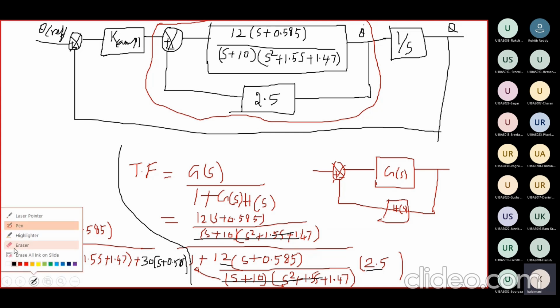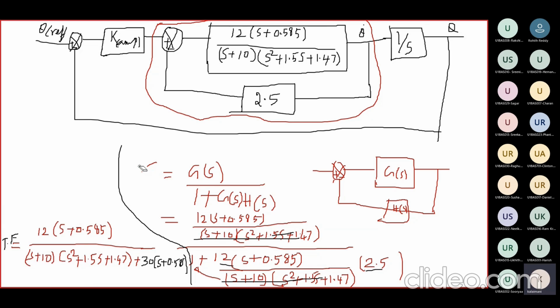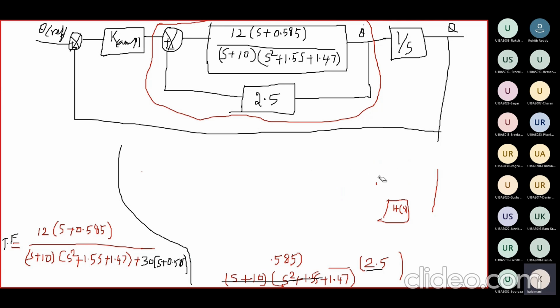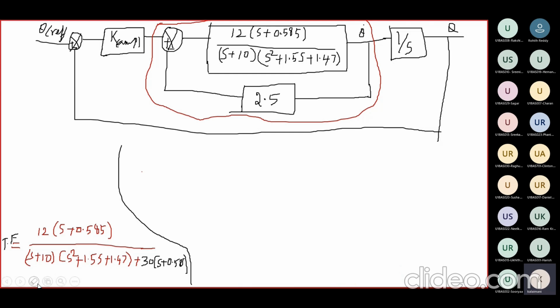Again, we simplify this. So what is your transfer function for inner loop?